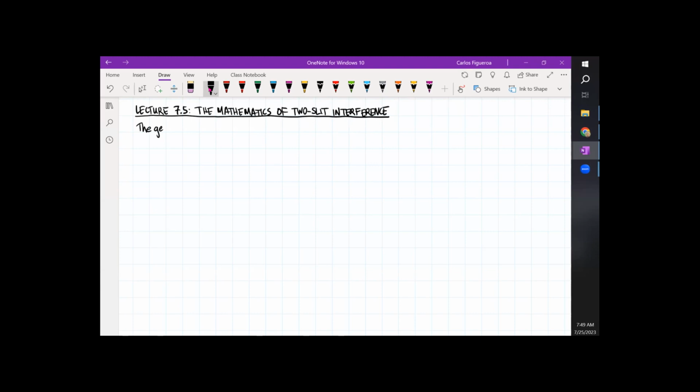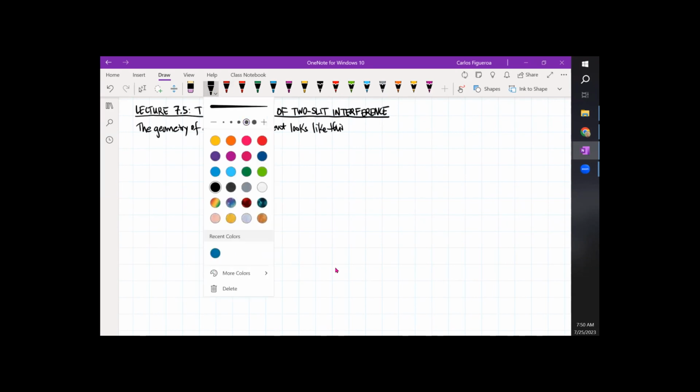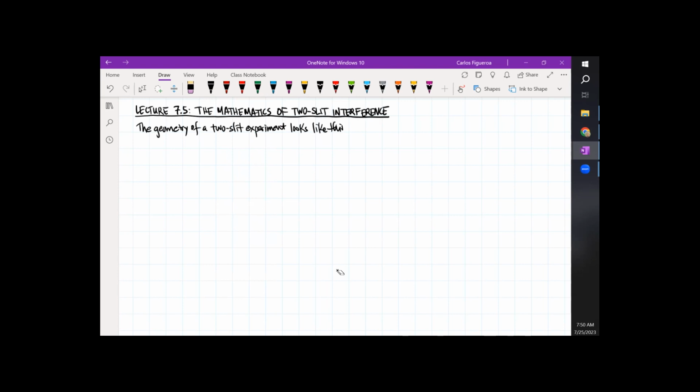The geometry of a two-slit experiment looks like this. So let's set this up.